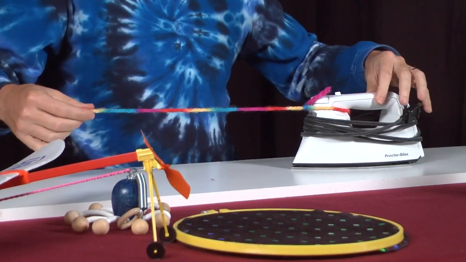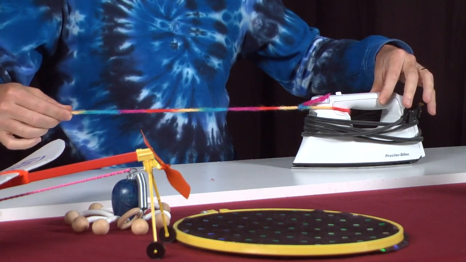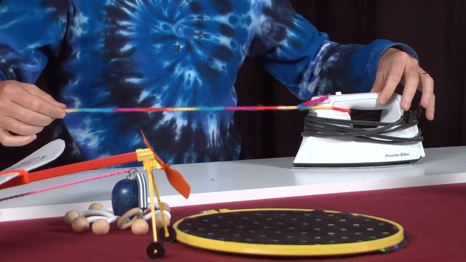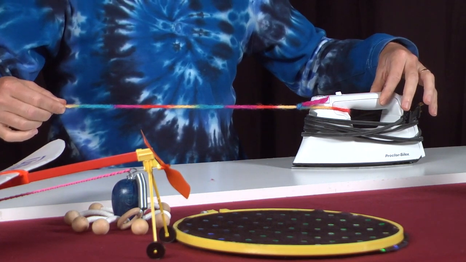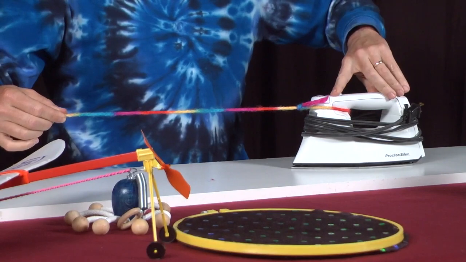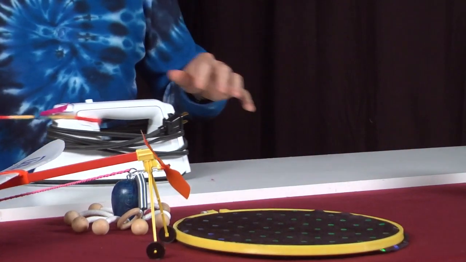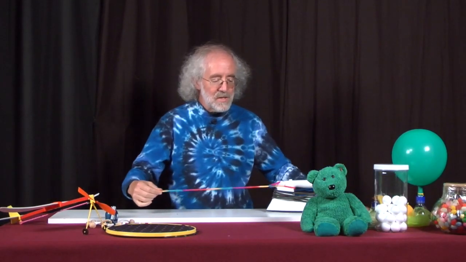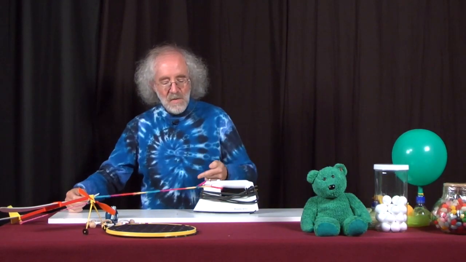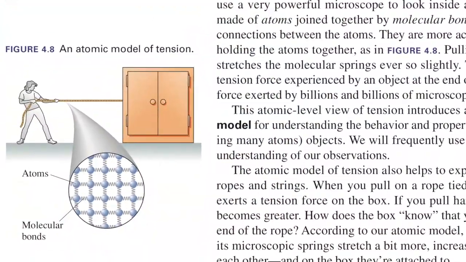Okay, I've attached this string to the iron, and you can see if I pull on this string, you can see it stretches a small amount. And so at an atomic level, bonds are being stretched, and so this string is going to supply a force to the iron, and it's a force we call the tension force. And that tension force will cause the iron to move. And so there really is atomic level stretching which is happening, and the tension force is going to pull on the iron, and it's going to pull it in the direction of the string.